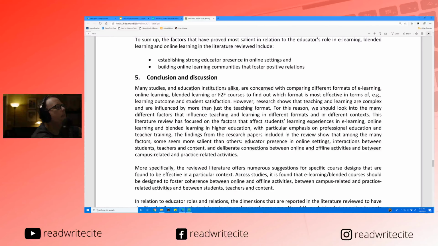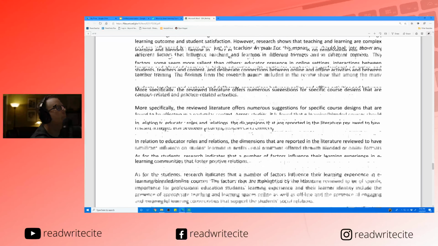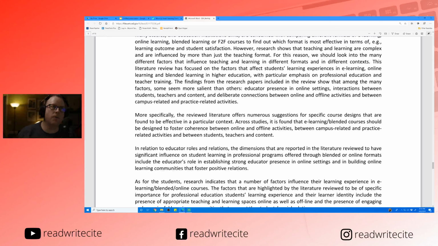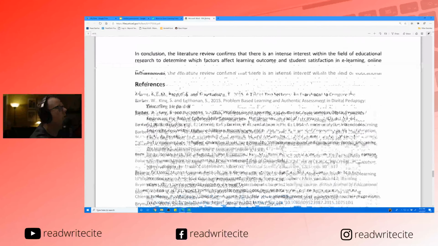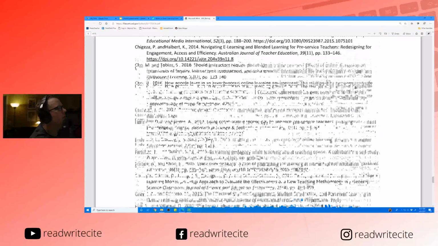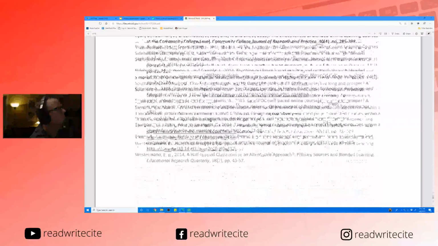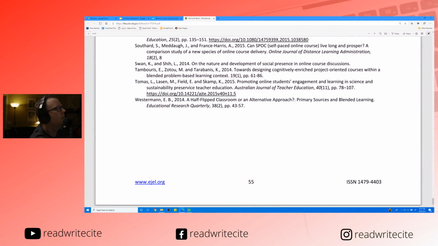Okay, so this is where they talk about what they think all that information means. So if you're trying to go quickly through a source and you're looking at a literature review, you might just skip to the end, because that's where they summarize everything, right? And then you can back up and use other stuff too. Then here are all the sources that they looked at, which should be like 40 something plus.